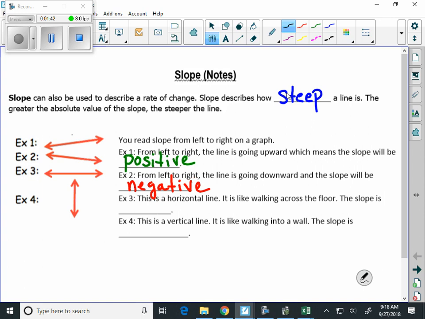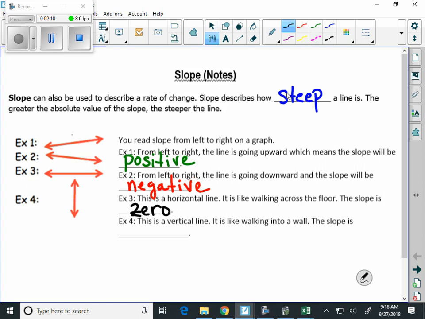But what we see in the third example is a horizontal line. And what I said in the notes here is it's like walking across the floor. The slope of a horizontal line is, you're not going up, you're not going down, so the slope of a horizontal line is 0. And what I sometimes say is that you're moving forward.